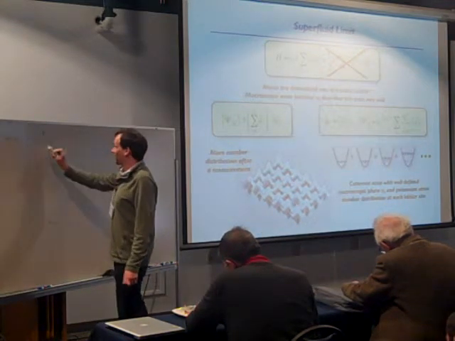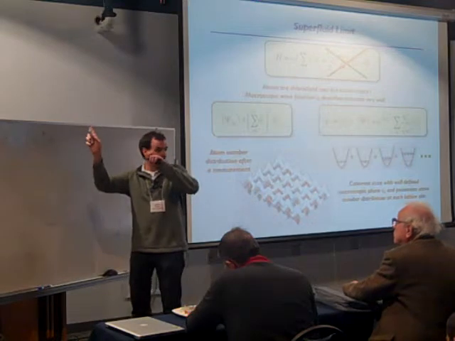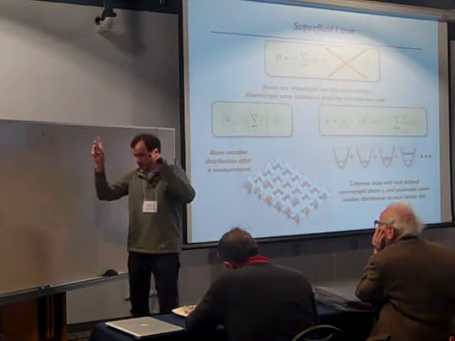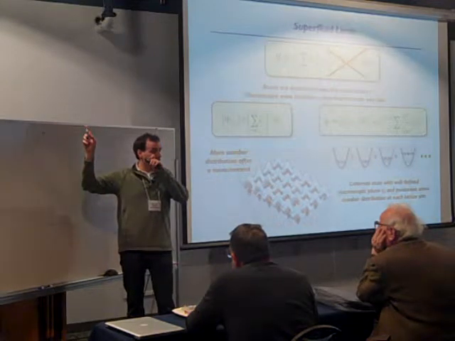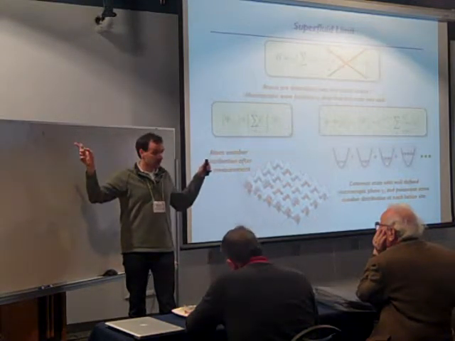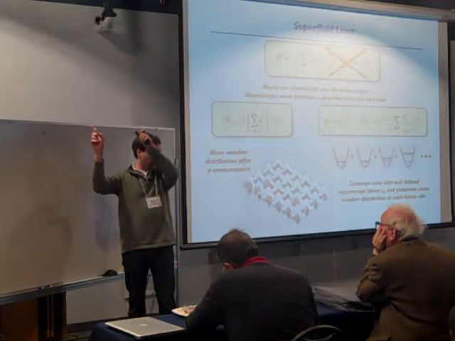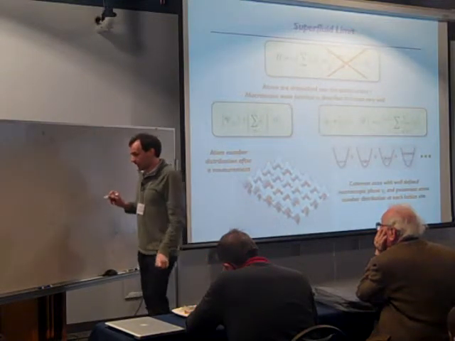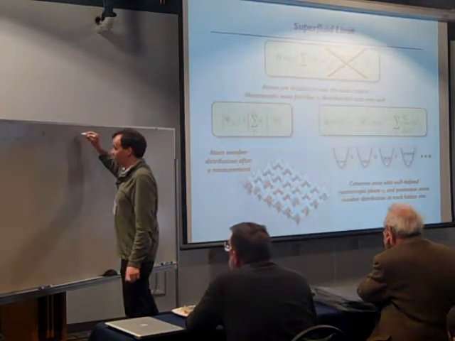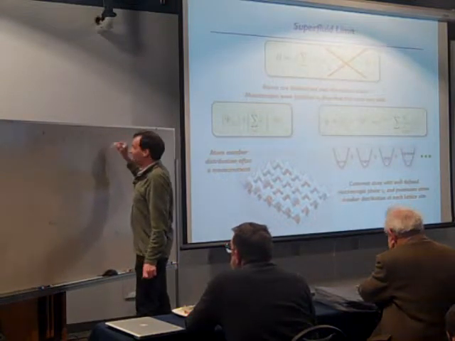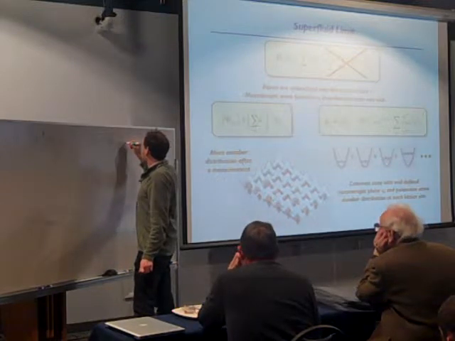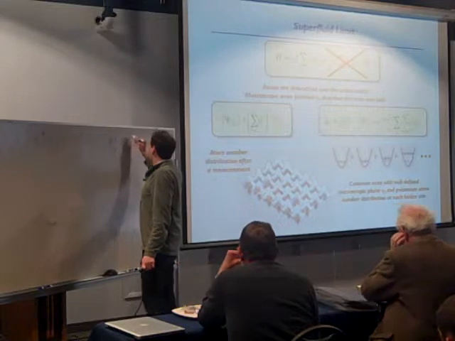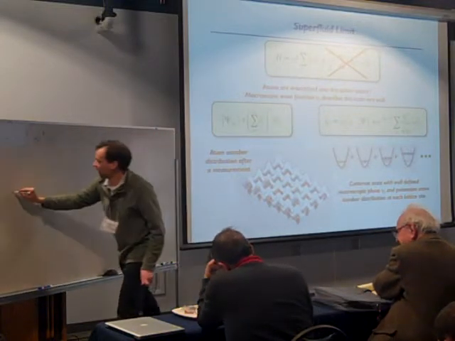And if you think about what that now means, the product of two vectors, like the product of two complex numbers, is proportional to minus J times the cosine of phi_j minus phi_i.